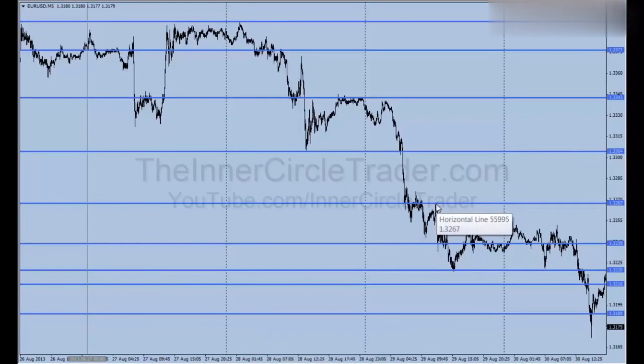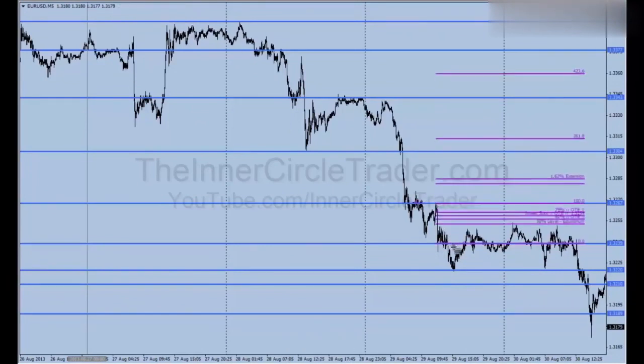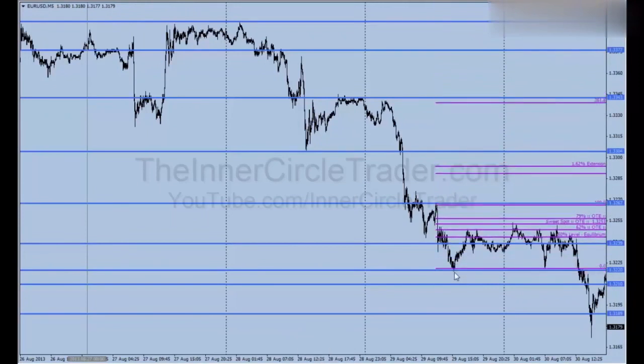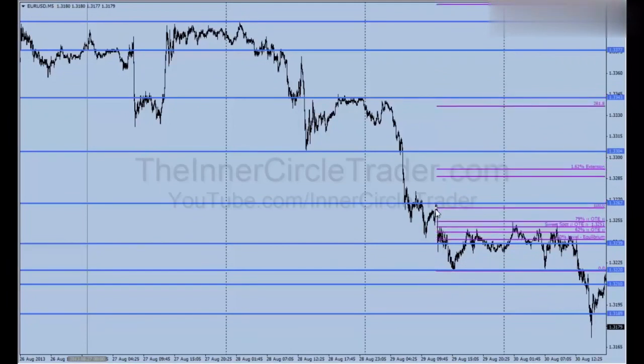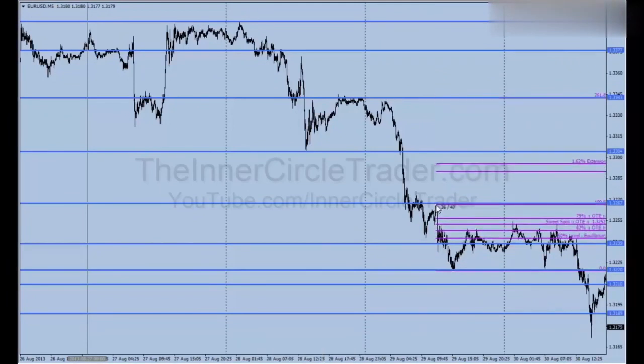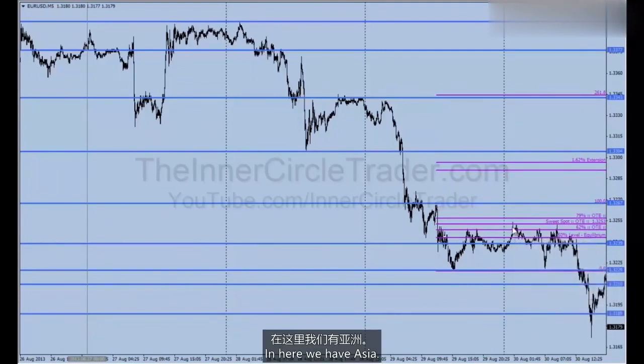We have this range here trading off of this resistance down to this resistance, and then there's a retracement. Okay, pulling that range, make sure we get our candles. We have Asia making the high, the actual high formed on 1:30 GMT.